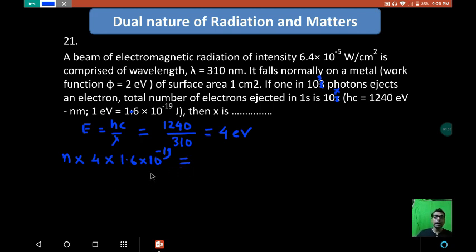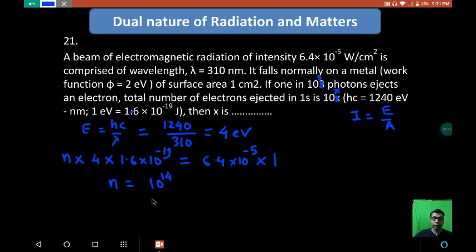This much joules is equal to the intensity into area, because intensity is the energy per unit area. So the intensity is 6.4 into 10 power minus 5 into the area, which is 1 centimeter squared. From here we can easily find the value of n.